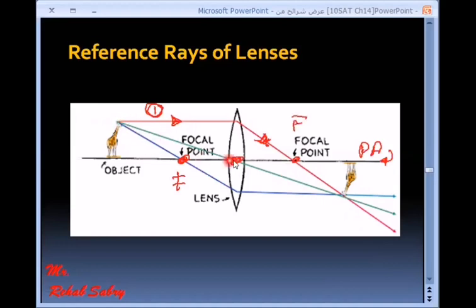If it's going through the optical center, it will go straight, like the green one here.